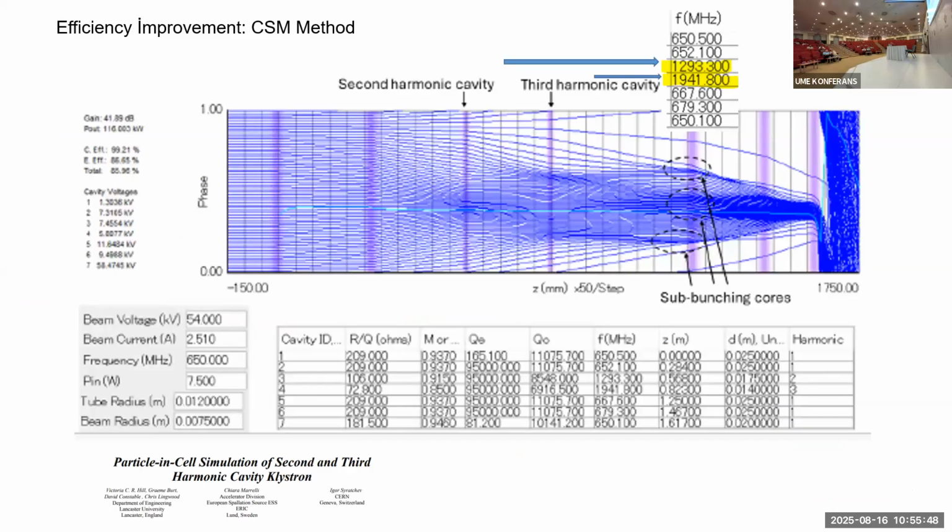That's also an example for one design with CSM. And you can find it from the particle-in-cell simulation, second harmonic cavity, collectors. Let's see. I'm not sure about this one. This is the frequency of the cavities. Which one is 1.3? Approximately 3 gigahertz, this one.